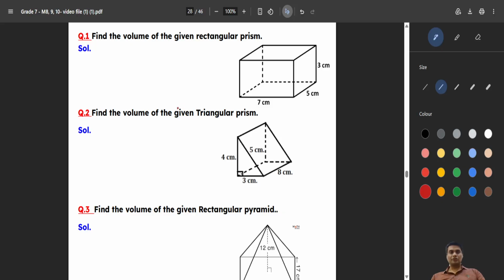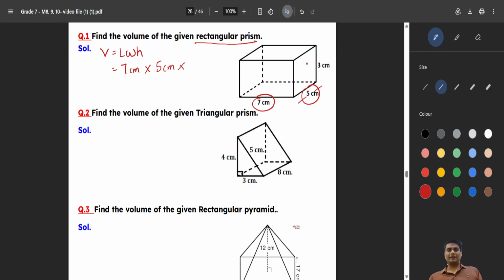Let us practice some questions now based on the formulas. Find the volume of the rectangular prism. Okay, what was the formula for the rectangular prism? Directly length times width times height. What is the length here? 7 centimeter. Times, what is the width here? 5 centimeter.